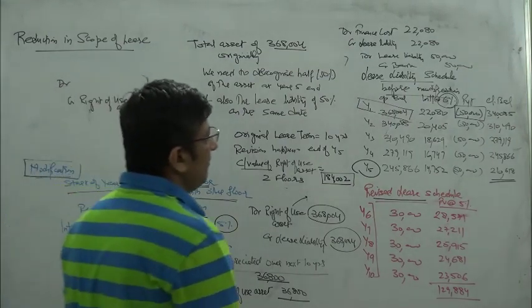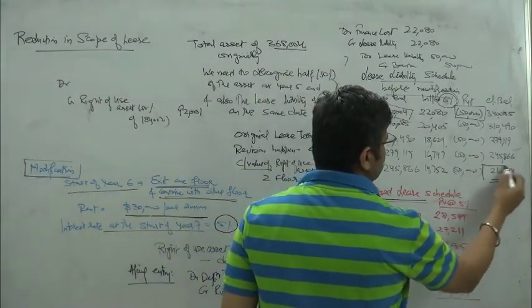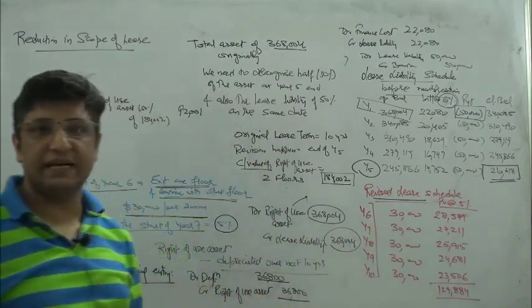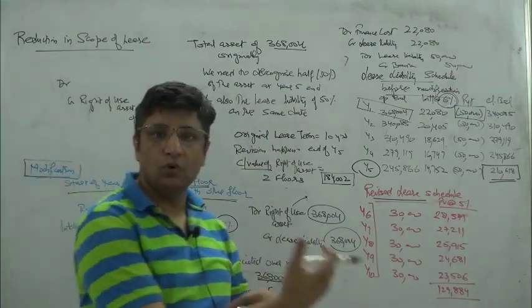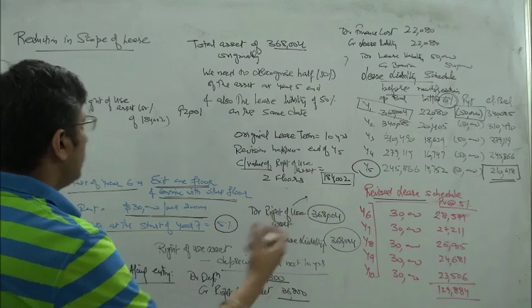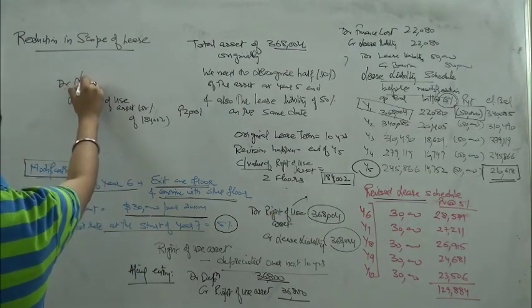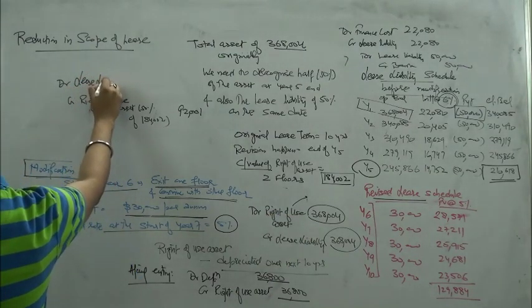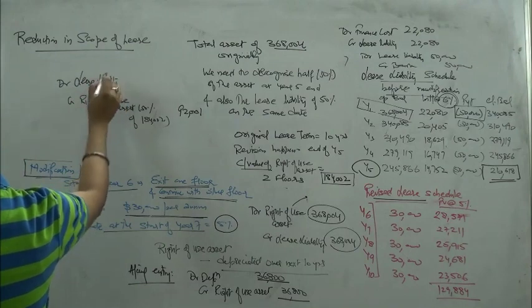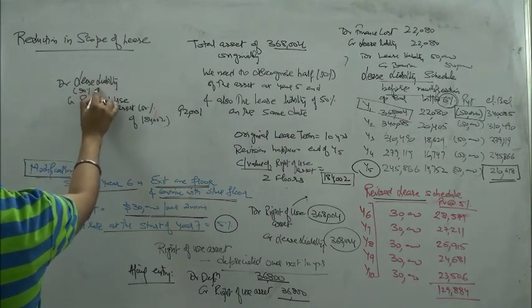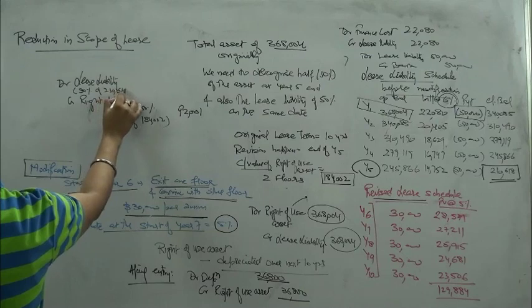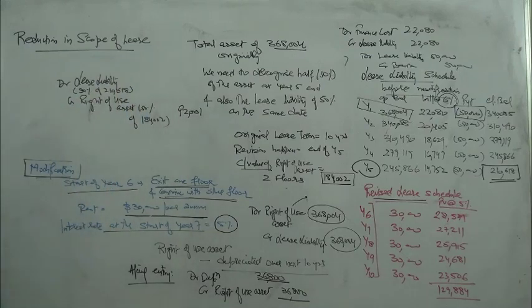Likewise, my liability which stands at 210618, which pertains to both the floors, out of this, half shall be de-recognized. That will be 50% of 210618.